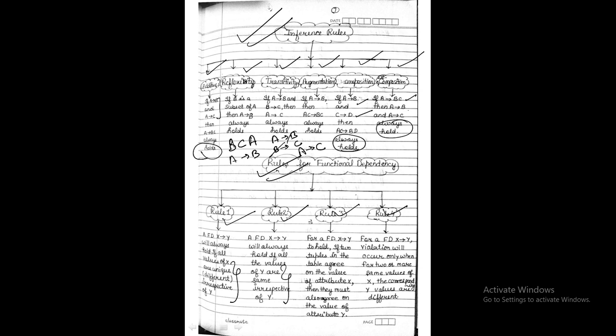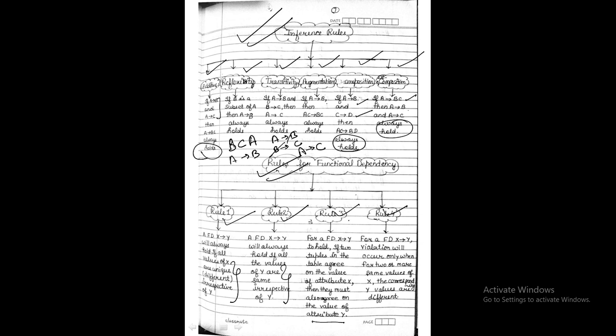And in Rule 3, for a functional dependency X implies Y to hold, if two tuples in the table agree on the value of attribute X, then they must also agree on the value of attribute Y.